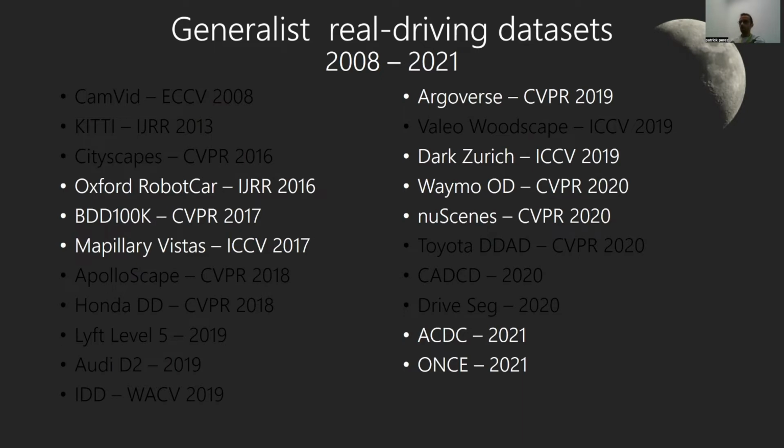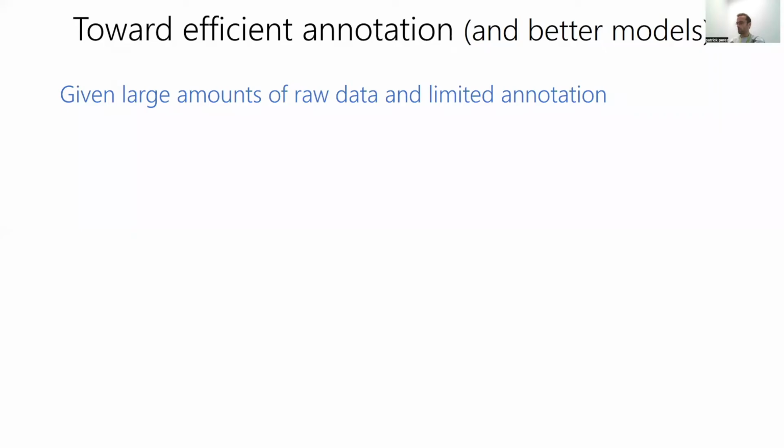So the point I'm making here is that there are a lot of resources out there, and it's expanding, so that's great, but we are still way far away from the scale we need for real applications.